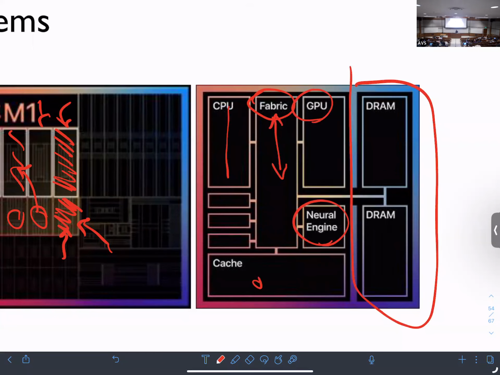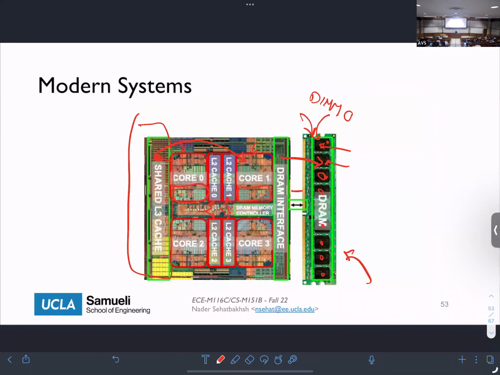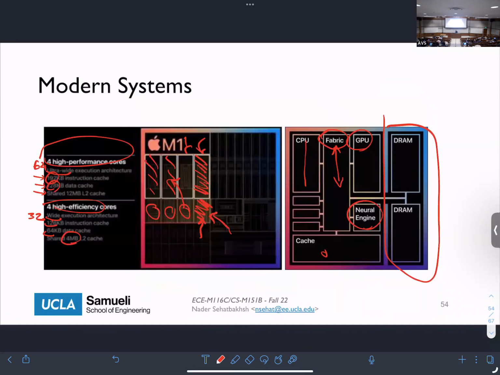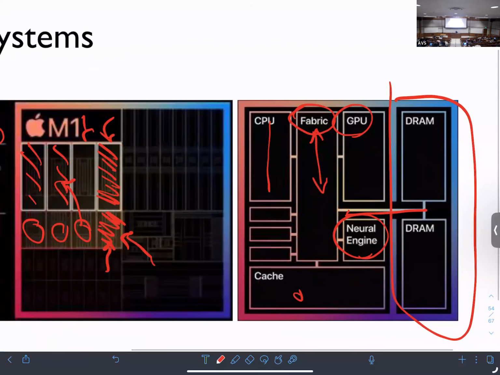So unlike the previous one, where this is a really, really slow bus, this one is really, really fast because they're part of the same silicon chip. And that's where they get a lot of performance. That's how they can beat Intel and AMD in terms of performance, because the communication between the memory and CPU is really, really fast. Okay, so that's another thing to remember. And as you can see, your GPU and your neural engine are also connected to this fabric. So that's why they can offload things to the GPU quite fast too.